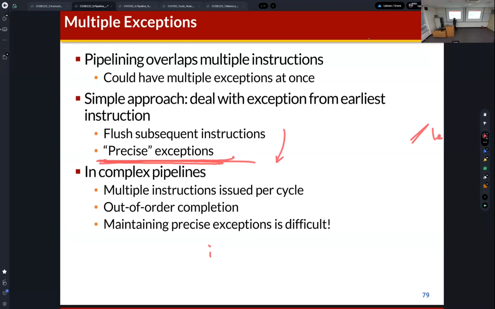And in order to support precise exceptions, the hardware cost can be increased, which means that we may need to invest more hardware resources to support precise exceptions.